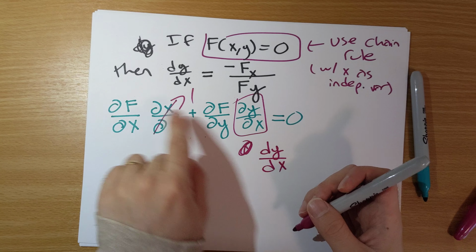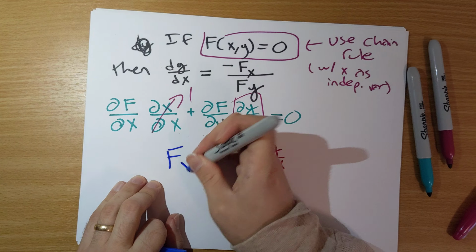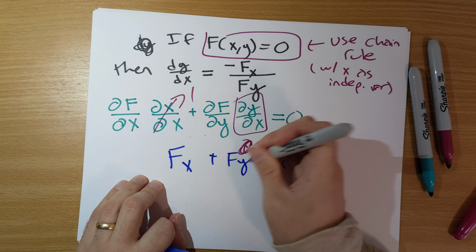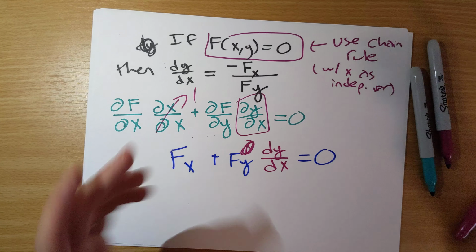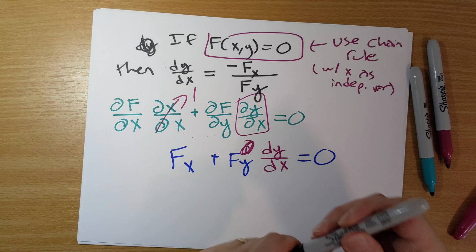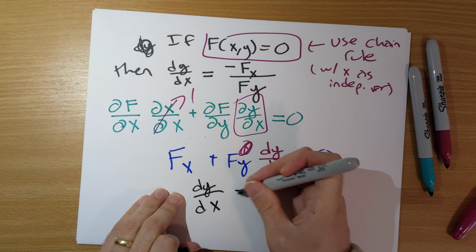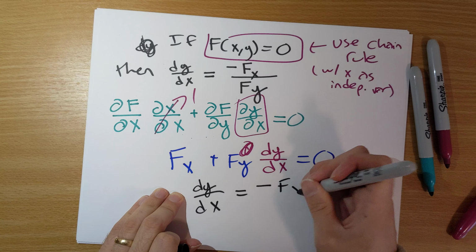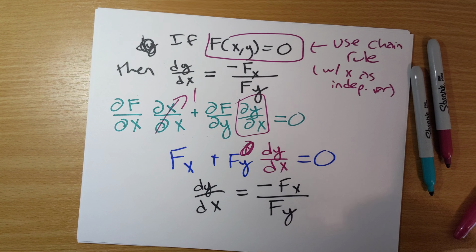So this is our x partial derivative plus our y partial derivative times dy dx is equal to 0. And if we solve for dy dx, you end up with exactly negative x partial derivative divided by the y partial derivative.